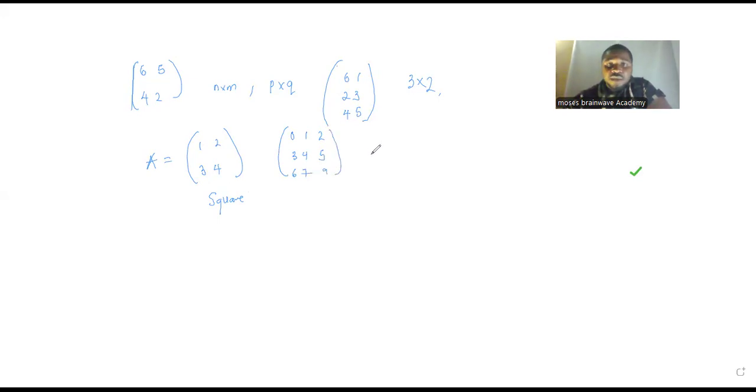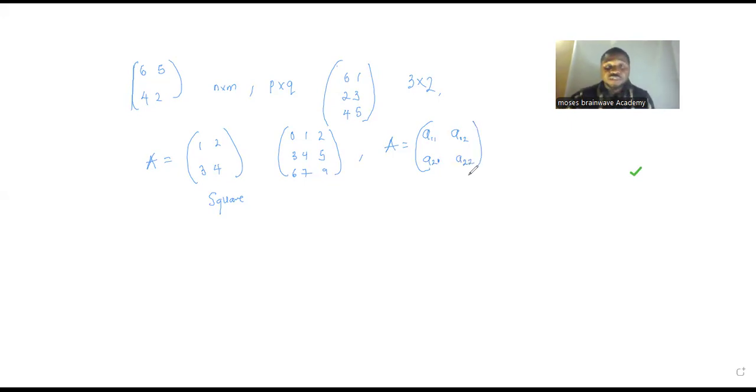Now, we always talk about a matrix in terms of row and column. So for matrix A, if I want to list the elements using the concept of subscripts, I can have the element a11, first row, first column, a12, first row, second column, a21, second row, first column, then a22, second row, second column.